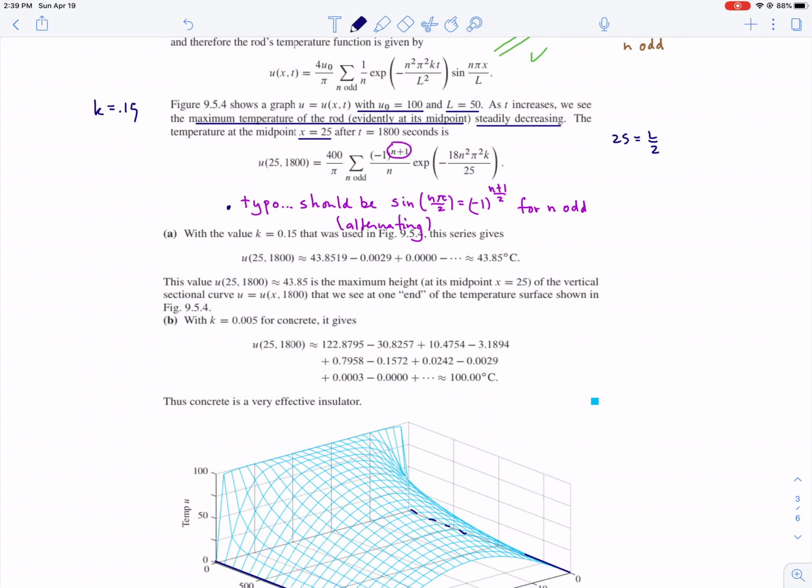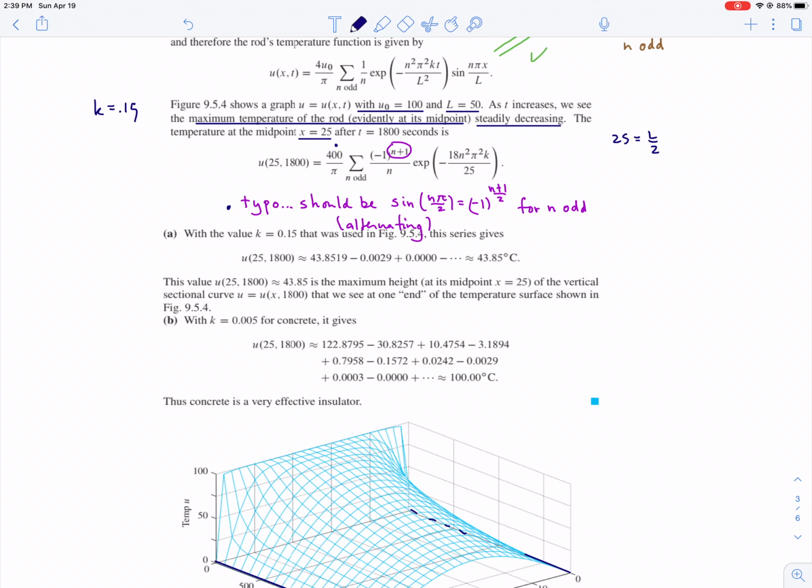So that actually alternates like minus 1 to the (n plus 1) over 2 for n odd, but that's the only typo I found. The u naught was 100, so 4 u naught is 400. The exponential, yeah, you can work that out, but I'm not going to. I checked it. So the sine of n pi L over 2 over L worked out to those plus or minuses.